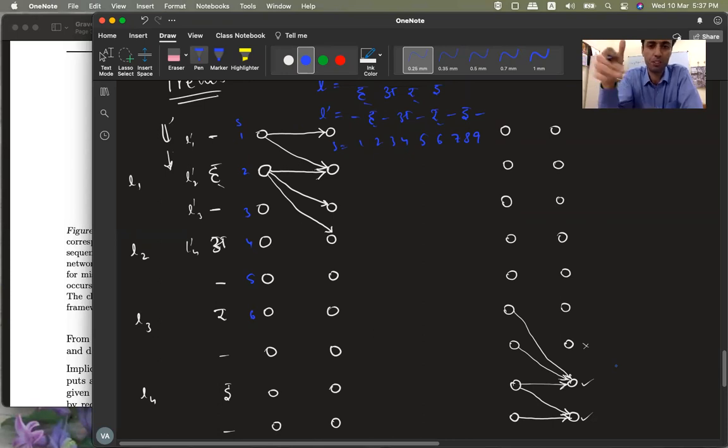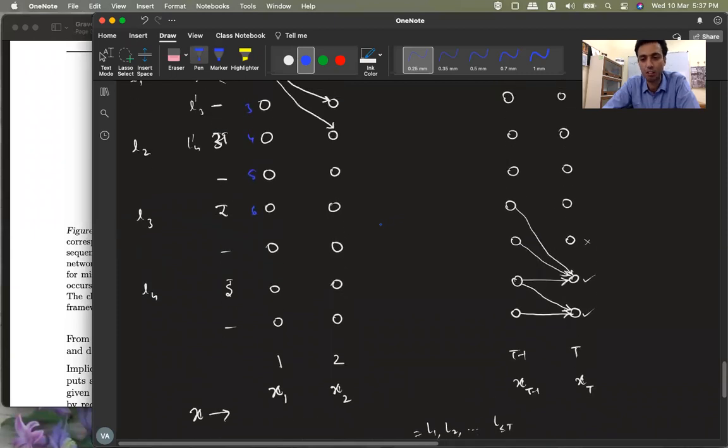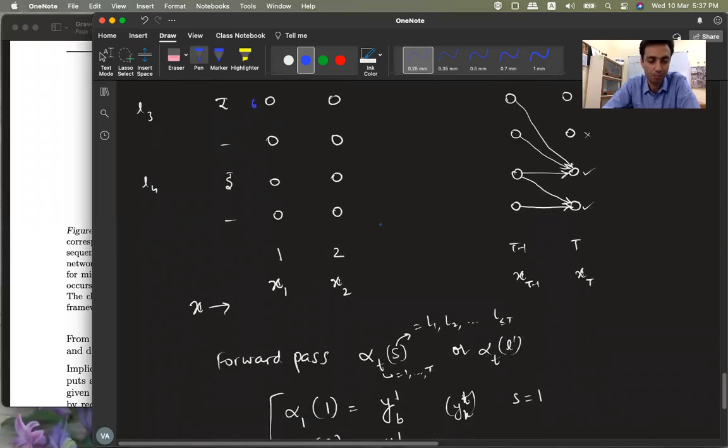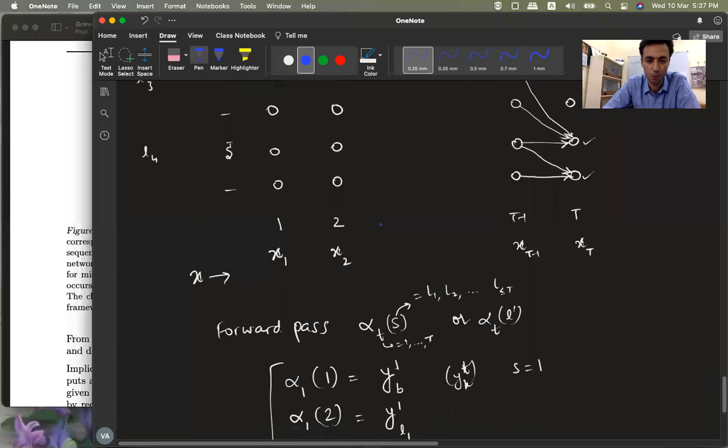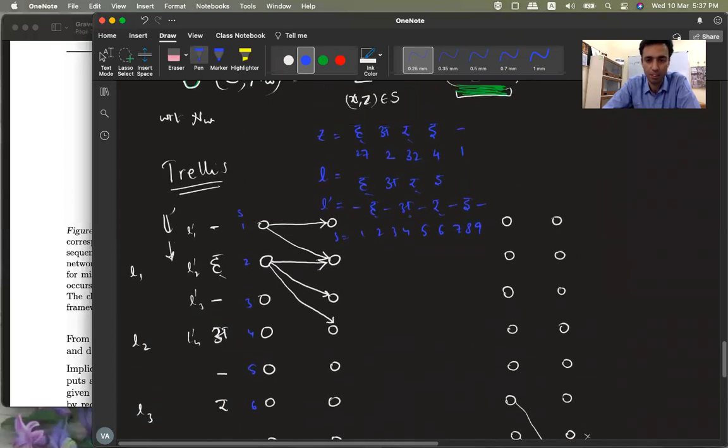The same trellis, but now we are training the network, so we don't have any best path yet because the network is not trained. We want to make sure that whatever best path the network predicts should match Z as best as it can. So my Z should have the highest probability. That is the maximum likelihood approach.